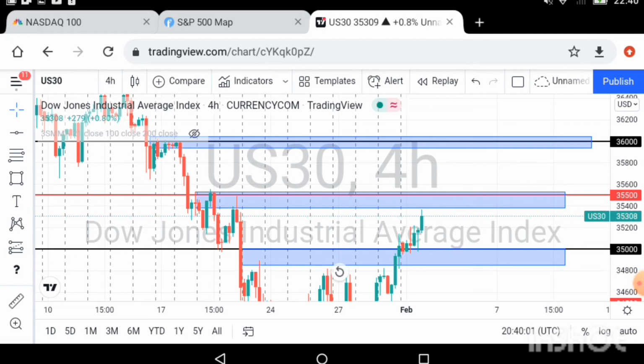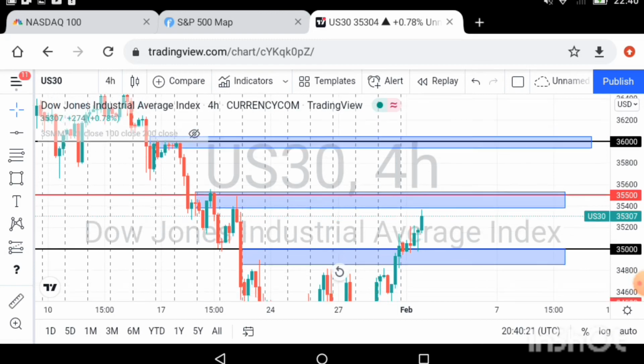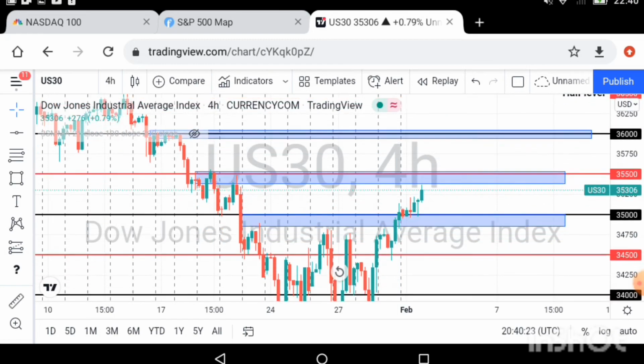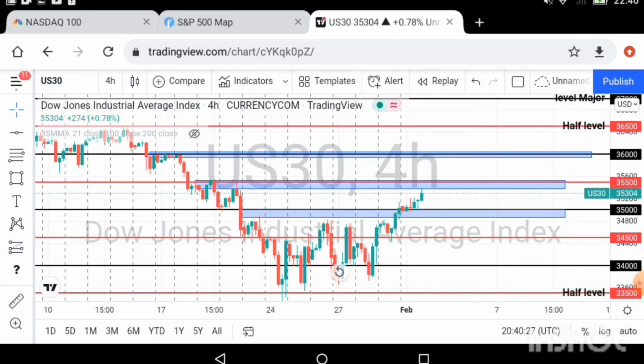They call it the quarter theory. Then in between, there are your 100 pips moves, 100 pips, 100 pips, 100 pips. But I'm just lazy to tap into the 100 pips because from 35,000 you're going to 35,100, 35,200, and so on, and the chart is going to be full of a lot of indicators. So this is it, guys.